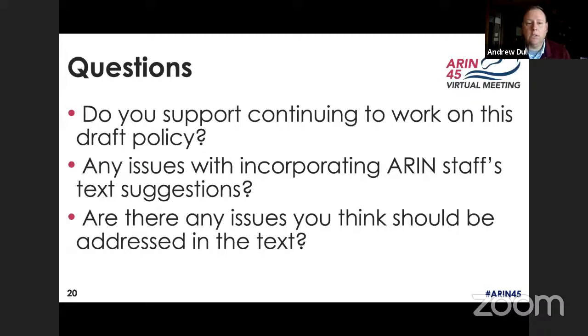The final question is, are there any issues you think should be addressed in the text, or should we just move forward with this? And if other folks would like to comment on whether we should solve this in policy versus encouraging the board in some way to change the fee schedule, that might also be useful feedback to hear from the community.